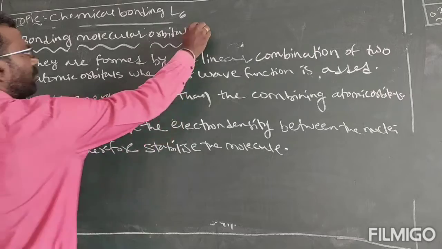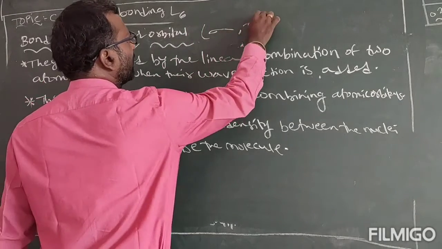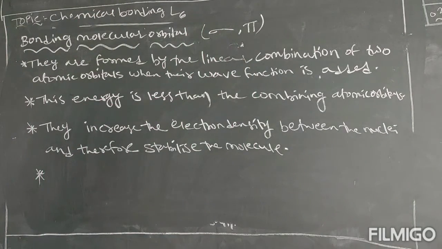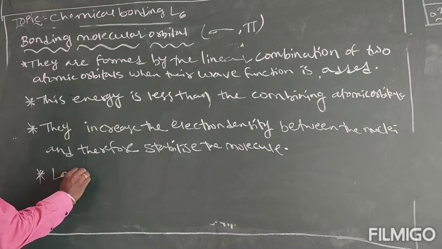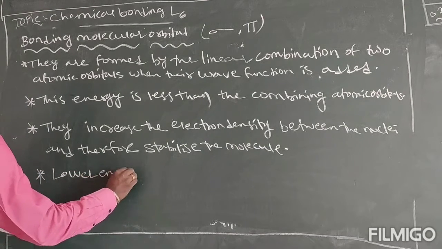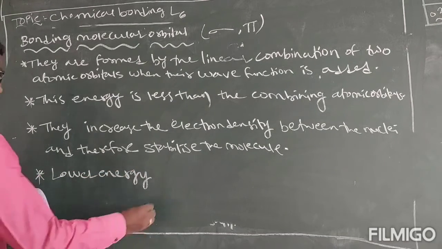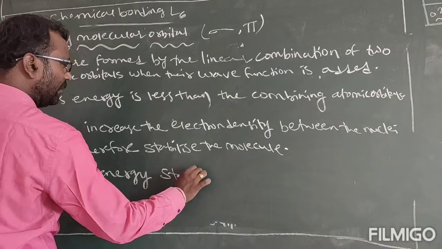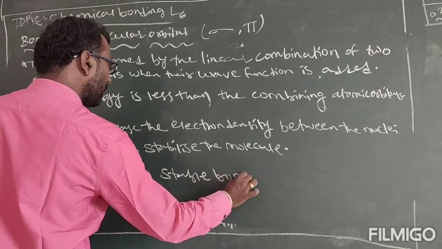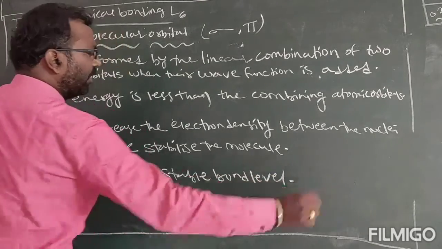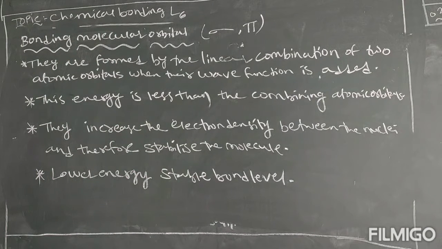And the most important one, what? These form like this, sigma and pi only. And what is the thing? Lower energy, stable bond level. So these are the points regarding the bonding molecular orbital.